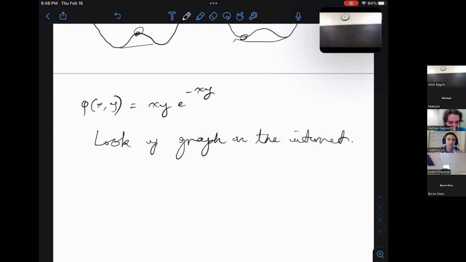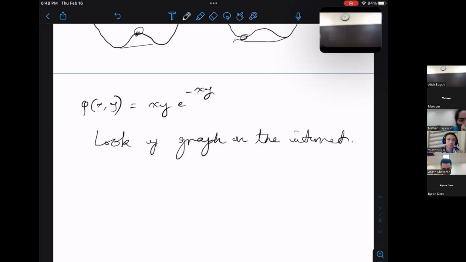I see, it finally classified the critical point. x1, x2 times e to the negative x1 squared plus x2 squared.